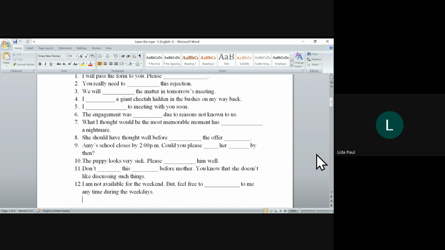Turned into. So, what about this? Does it have a literal meaning or an idiomatic meaning? Turned into a nightmare. Literal meaning, ma'am. How? What's the meaning of the word turn? Turned means some sort of change in the path.